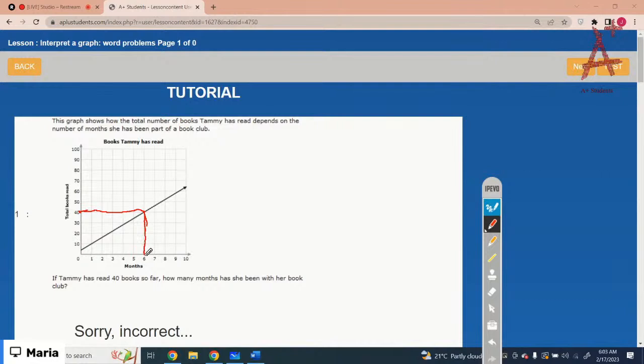That means she has joined the club 6 months, and in the 6 months she has read 40 books. Got it? So that's how you have to interpret the graphs. Got it? Let's just start with the test questions.